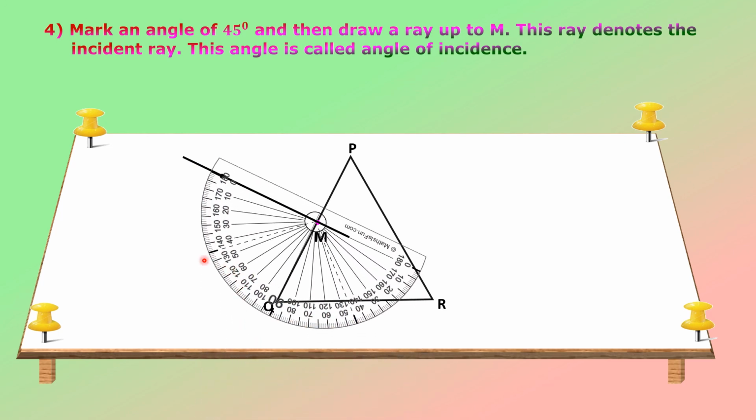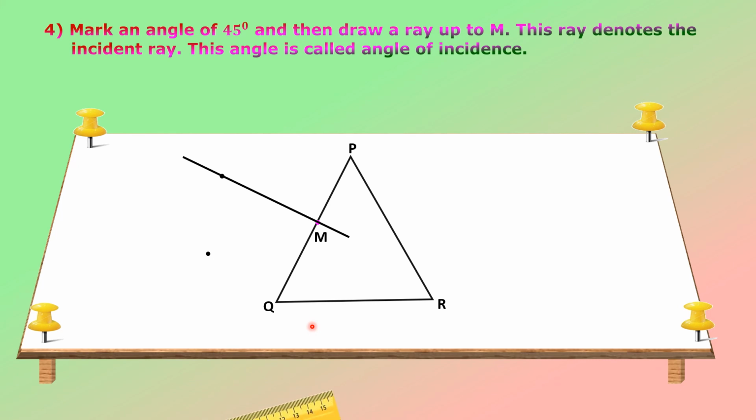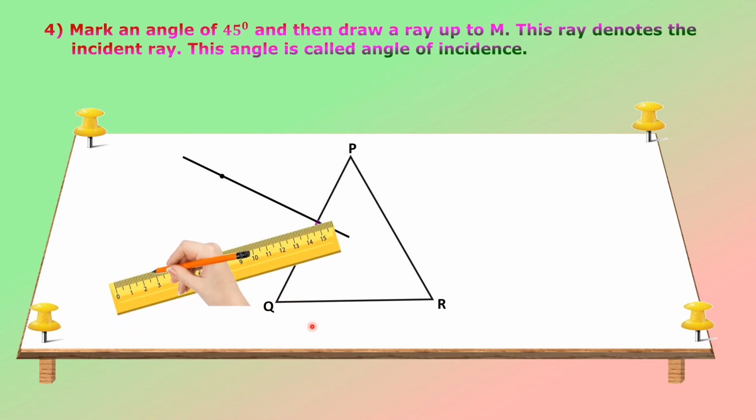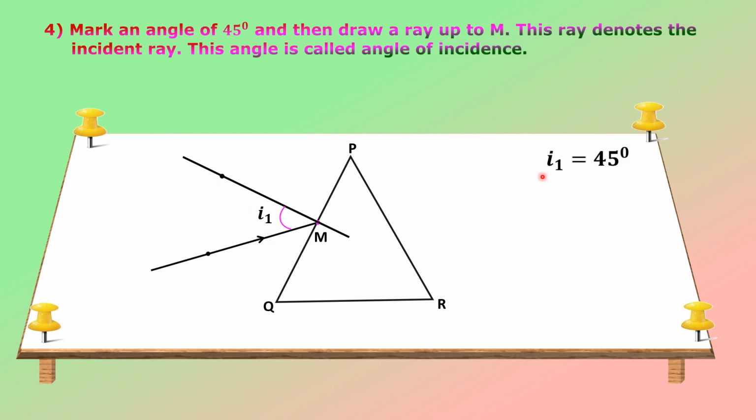Here it is 45 degrees. Then draw a ray up to M. This is the incident ray, and the angle between this incident ray and the normal, I1, is 45 degrees.